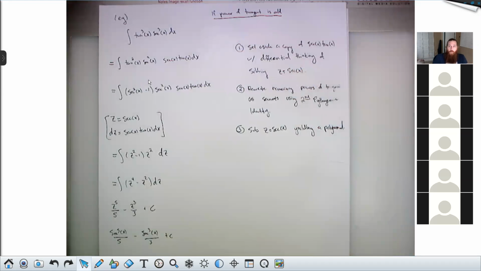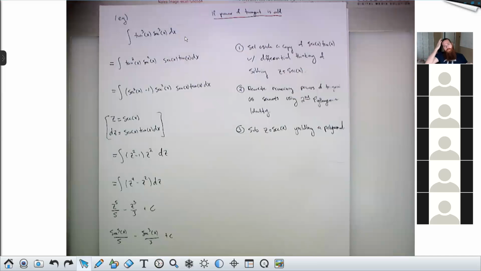You may notice that there's overlap between the two cases we discussed. It's possible that the power of tangent is odd and the power of secant is even. That's kind of like having both powers be odd in the sine cosine case. You got a choice. If the power of tangent is odd and enormous, like tangent to the 2021 times secant squared, obviously substitute for tangent.